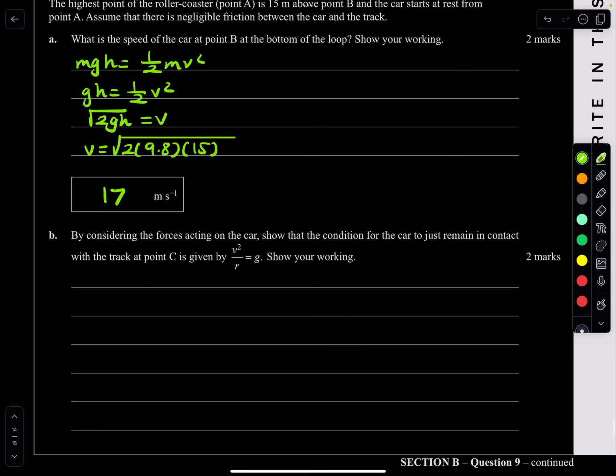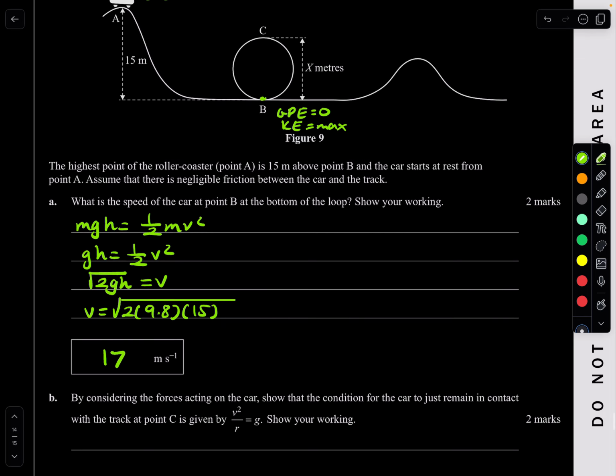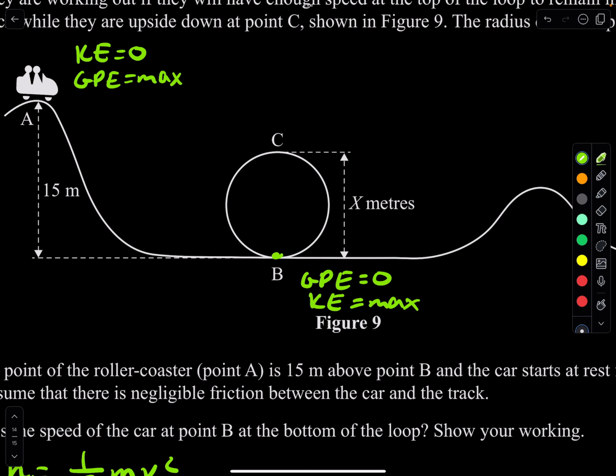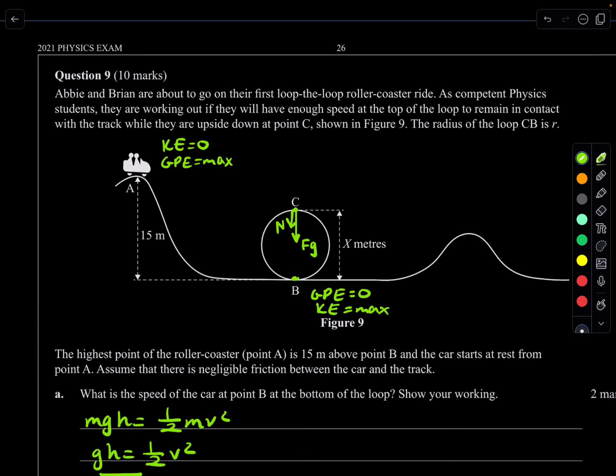Beautiful. By considering the forces acting on the car, show that the condition for the car to just remain in contact with the track at point C is given by this. So for it just to remain in contact, we know that the normal reaction force must be 0 at point C. So remember what other forces are acting? Of course, we're going to have a force of gravity. And we're also going to have a normal reaction force that always acts downwards here.